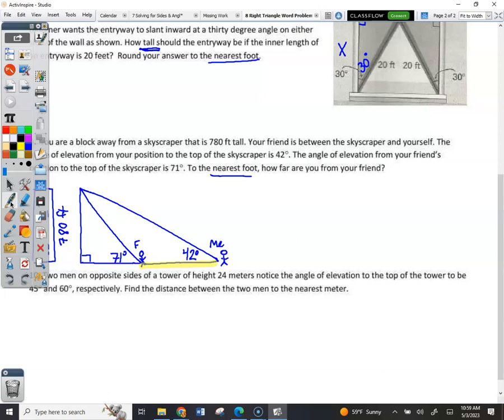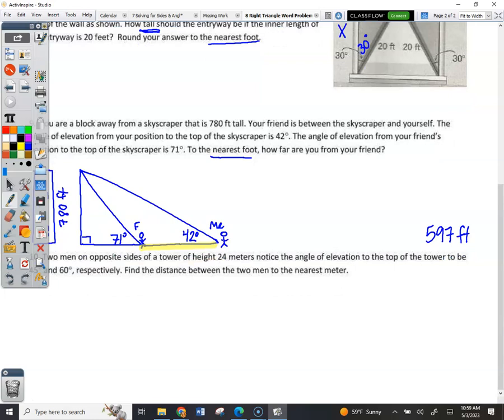You do go to the nearest whole numbers on all of them, so you do get nice answers. I'm going to tell you that the answer is 597 feet. I would love to know if you can get there. I'm also going to tell you that right here, which is a very similar problem, the answer is 38.